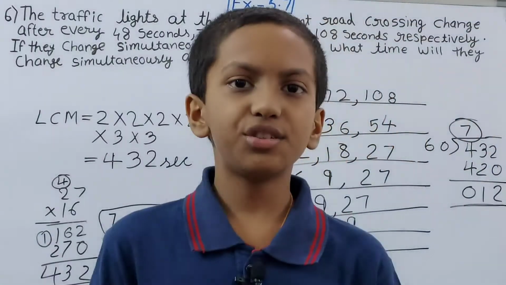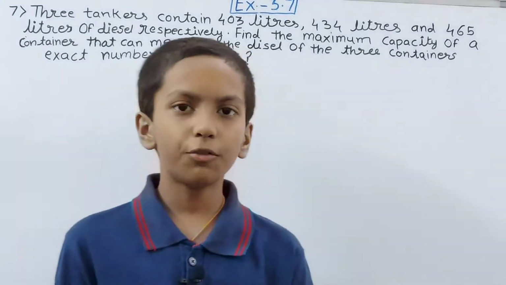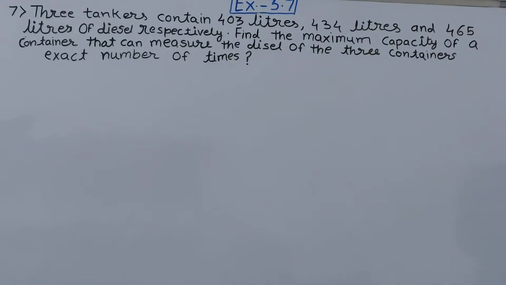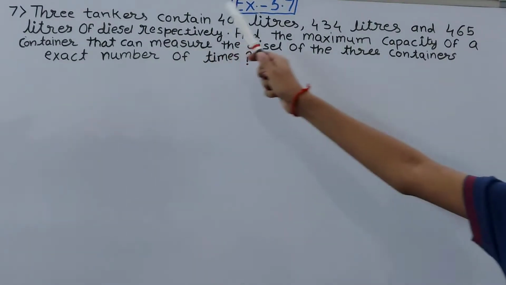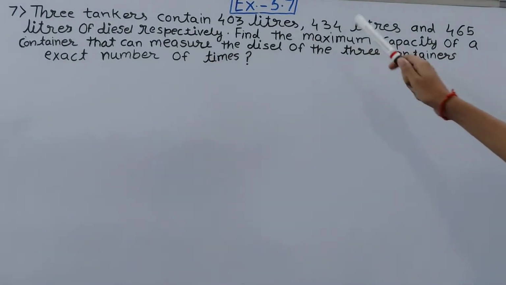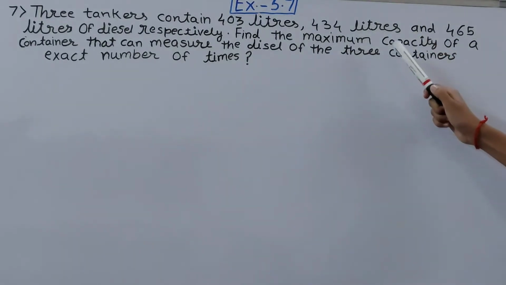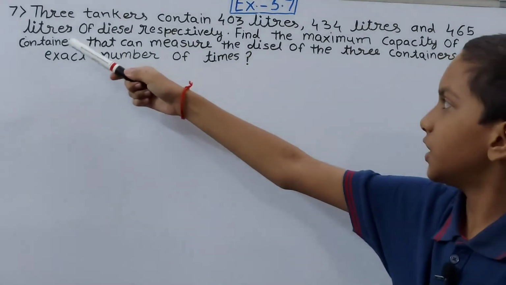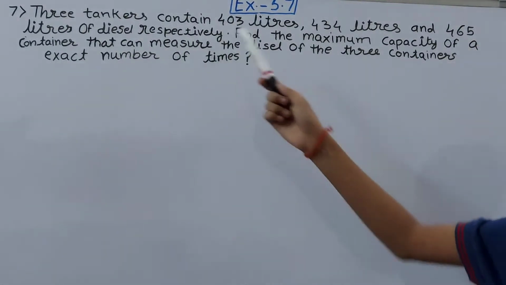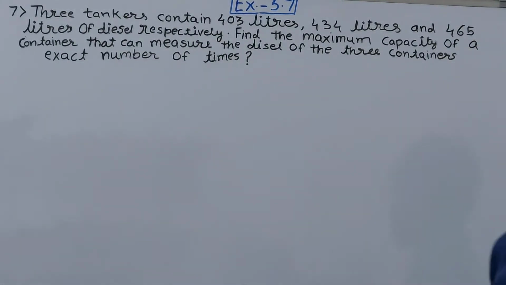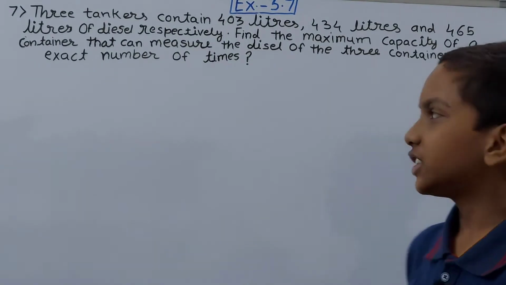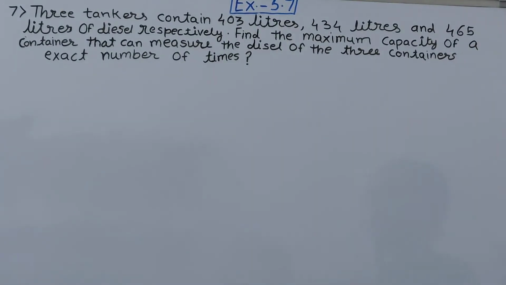Now friends, let's see the next question. So friends, the next question says 3 tankers contain 403 liters, 434 liters and 465 liters of diesel respectively.